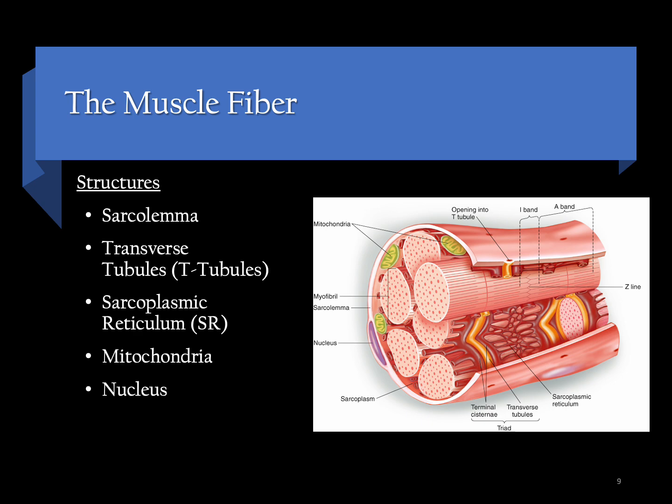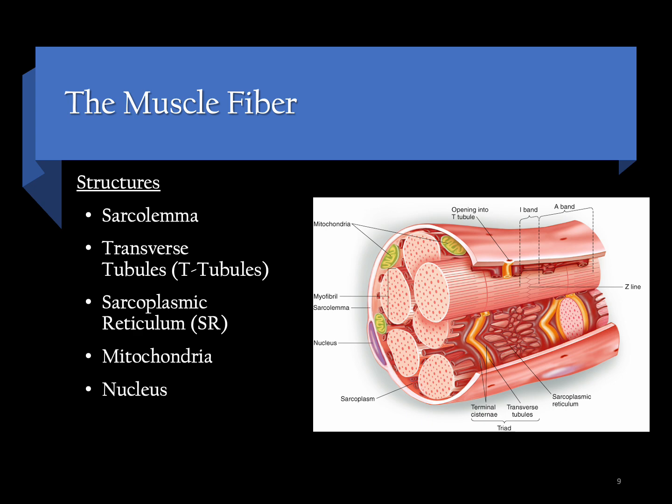Its purpose is to allow the action potential to travel along the sarcolemma quickly to be able to get inside the muscle to communicate contraction. The muscle fiber has multiple other systems that allow the action potential to travel throughout the muscle.